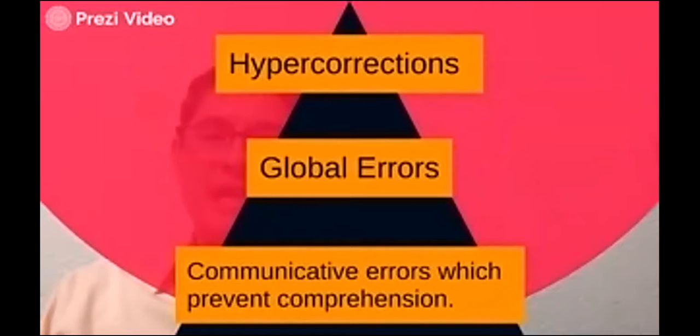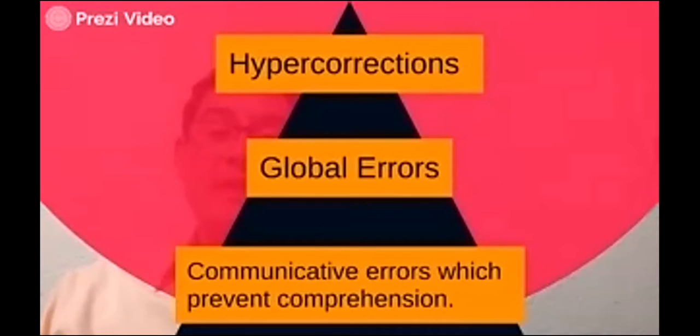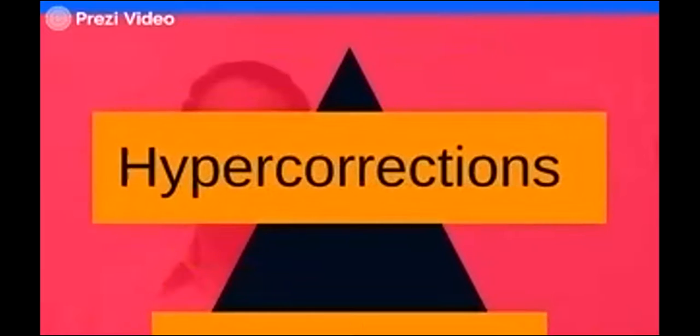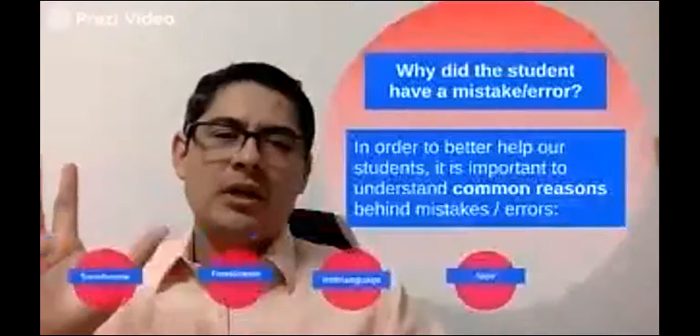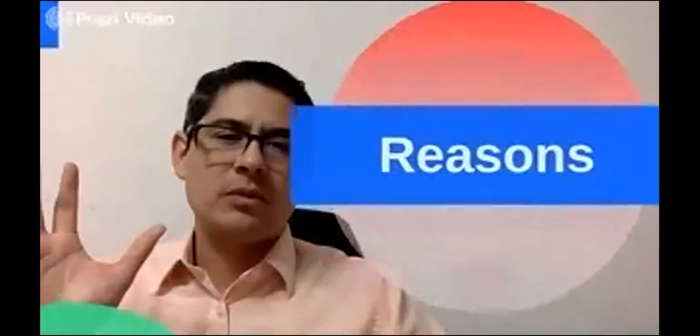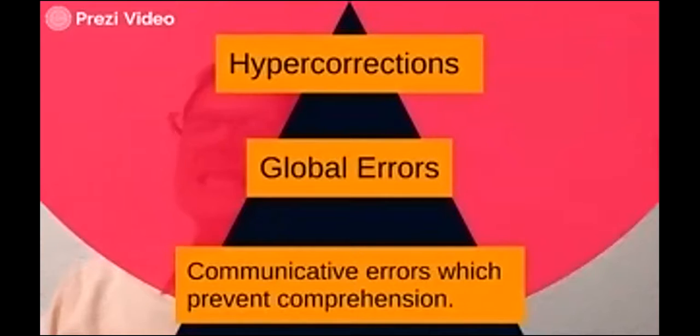Here we have hypercorrection. A hypercorrection, and it's at the top of the triangle because this is something you should not do. If a student has a slip and there's a small problem with this part, the teacher should not correct every single problem. The teacher should understand when to make the corrections.